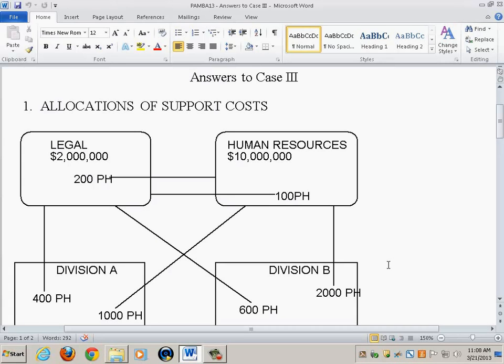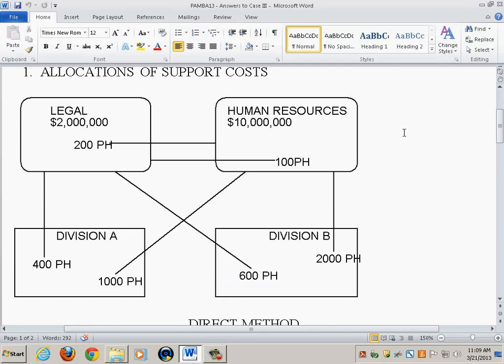Let's start with answers to case number 3, which covers certain aspects of cost allocation. Let's start with the issue of allocating the costs of support units.